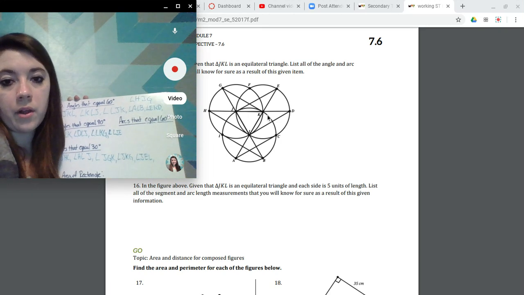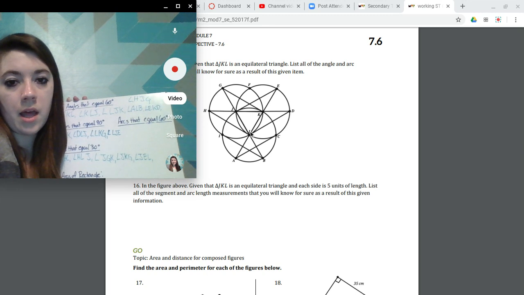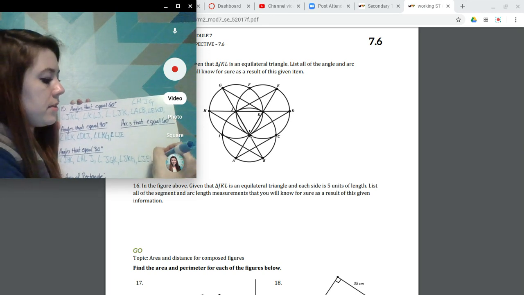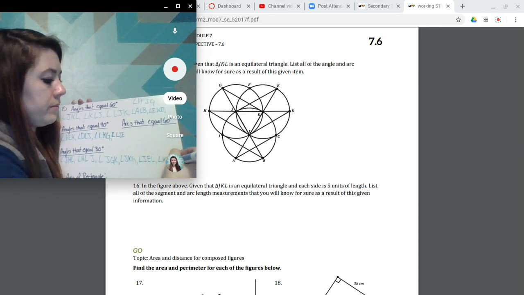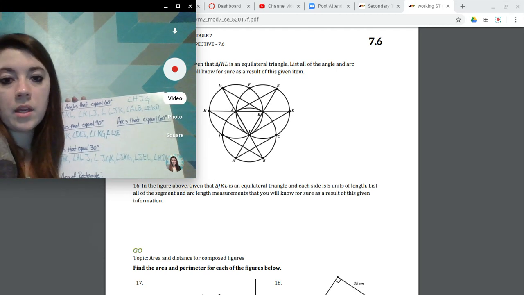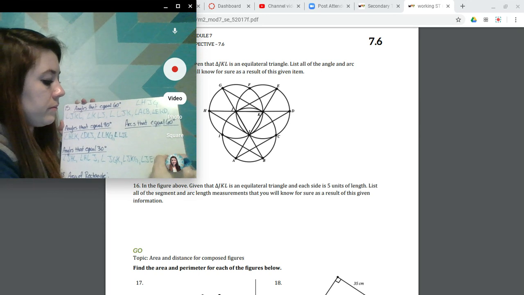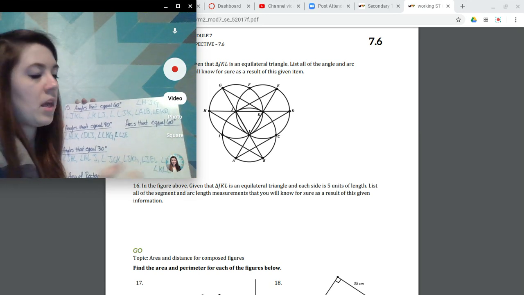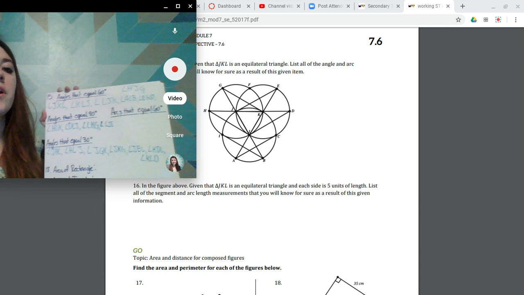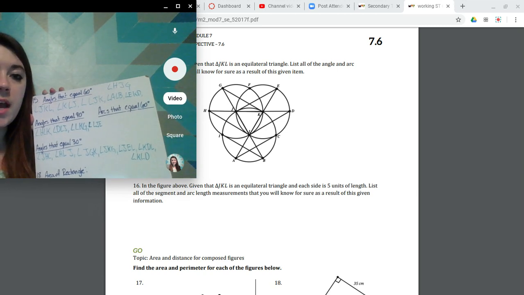And then angle KDL is 30 degrees. And angle KLD. So once again, that isosceles triangle in there. So KLD. So those are all our 30 degree angles in there.